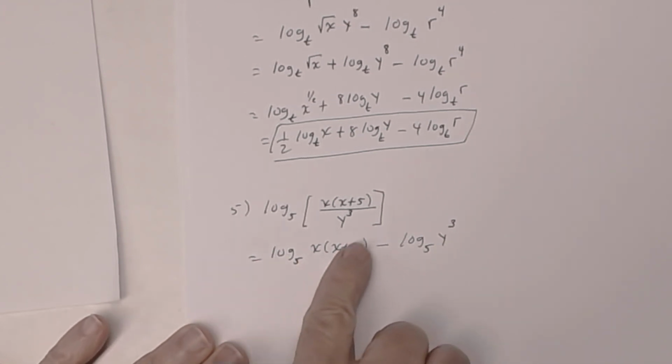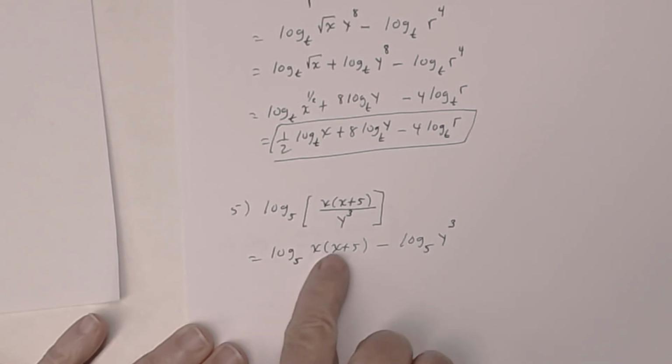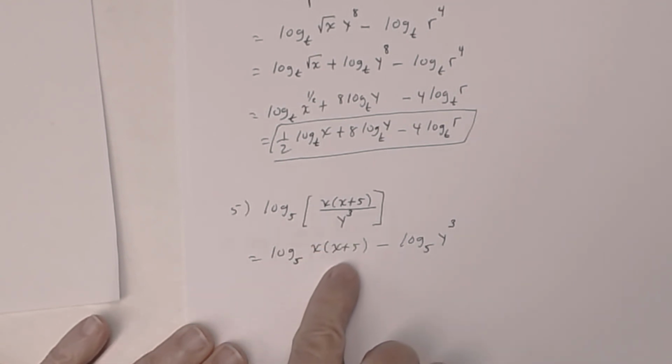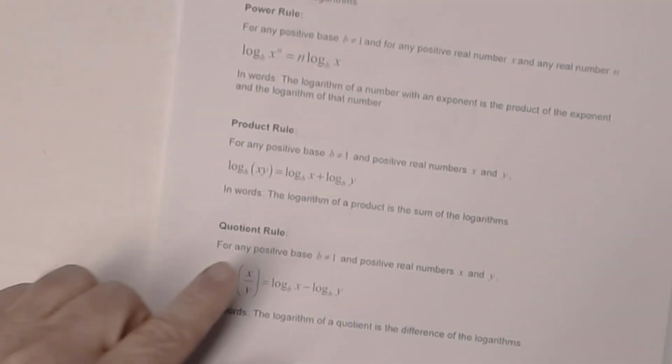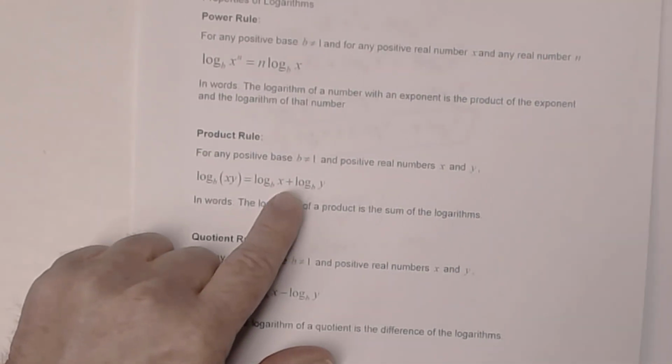Notice again, this is a product, so I'm taking the log of a product. Since I'm taking the log of a product, x times x plus 5, I can use the product rule, so I can write it as a sum.